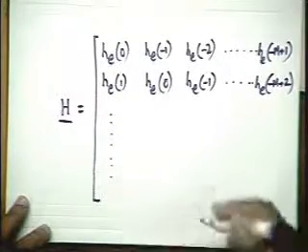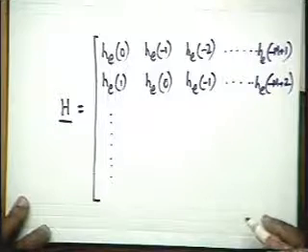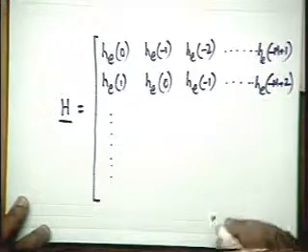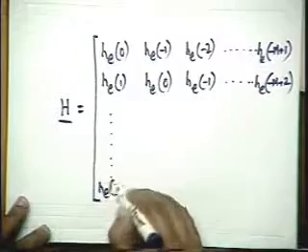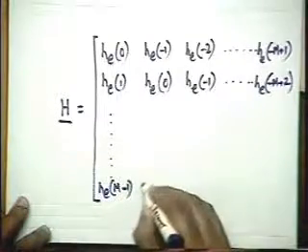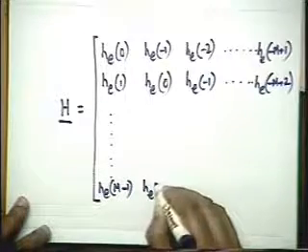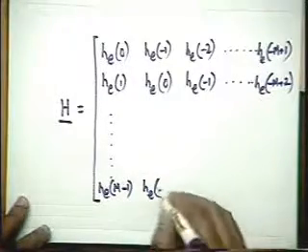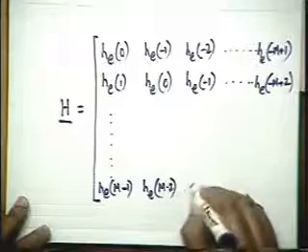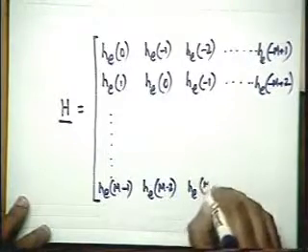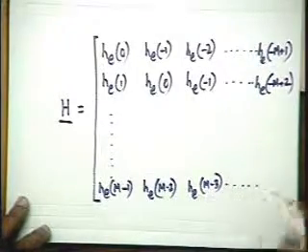Like this, I can keep on computing. What is going to be the last row? Anybody? HEM minus 1. Next element? HEM, no, not M, M minus 2. Next element? HEM minus 3. And so on. What is the last element?